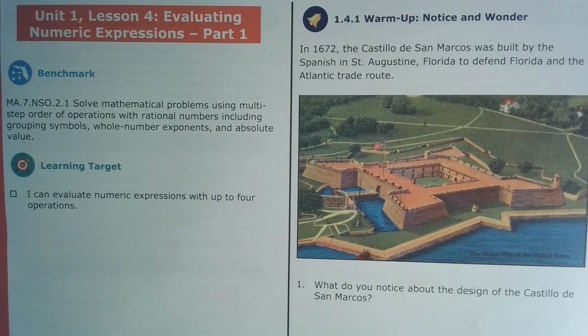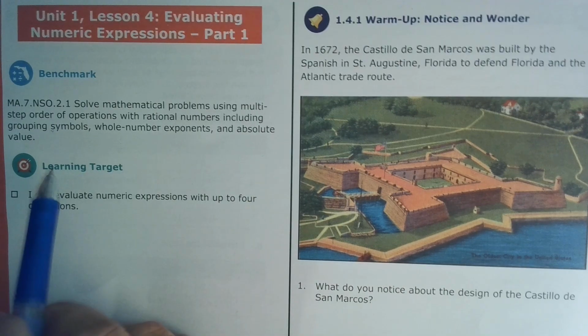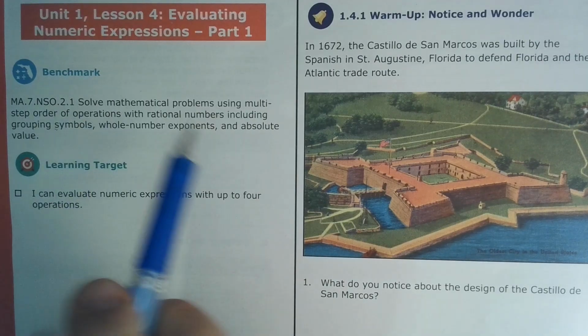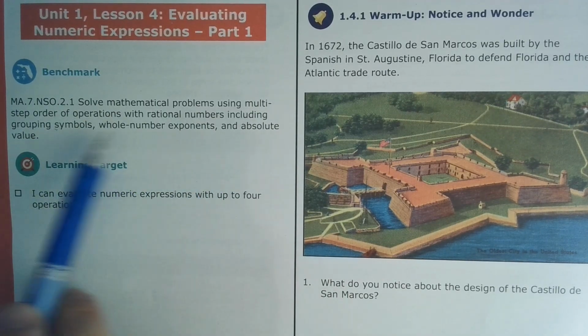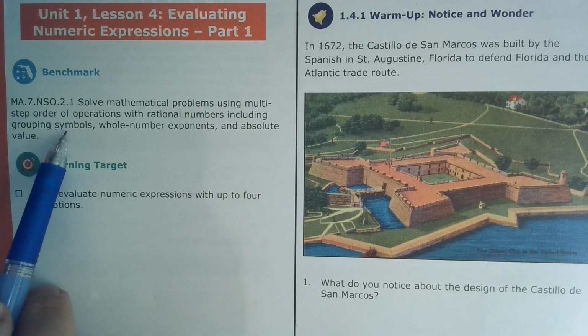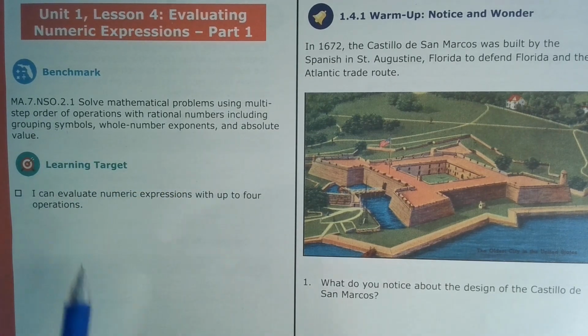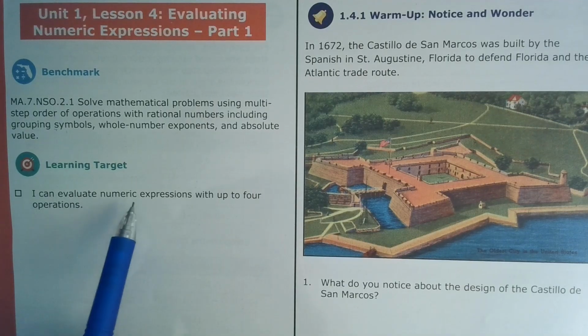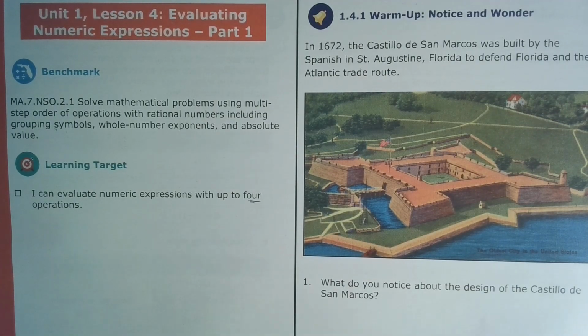It goes on my lesson plans, so everybody knows what I'm teaching. Solve mathematical problems using multi-step order of operations with rational numbers, including grouping symbols like parentheses, whole number exponents, and absolute value. Our learning target: we're going to evaluate numerical expressions with up to 4 operations.